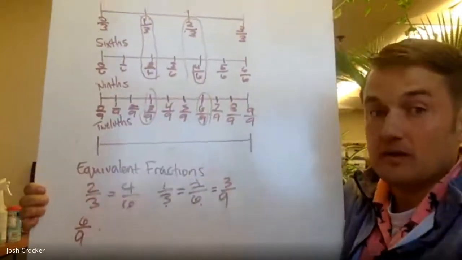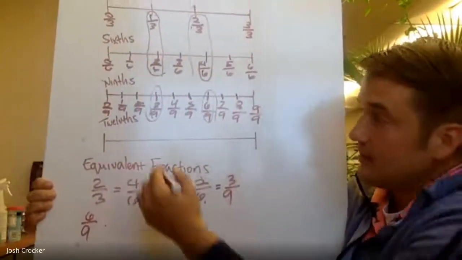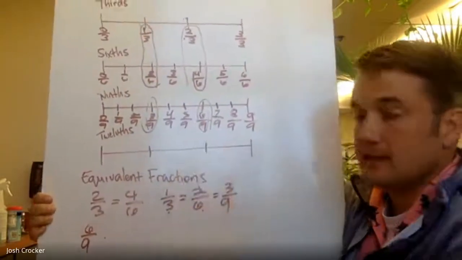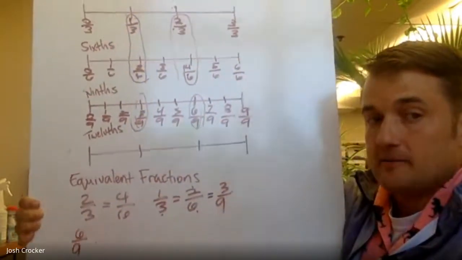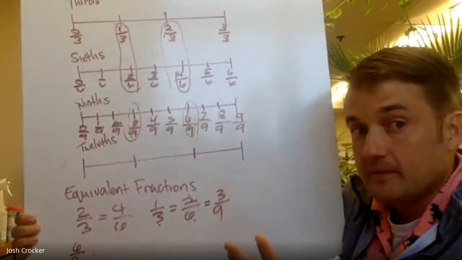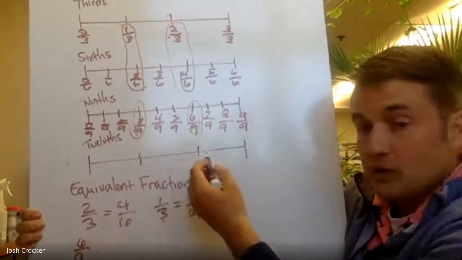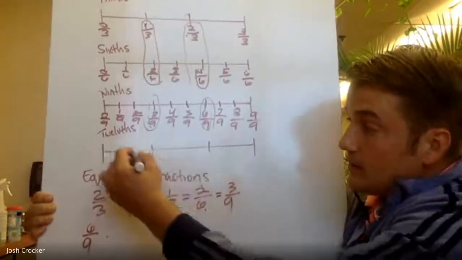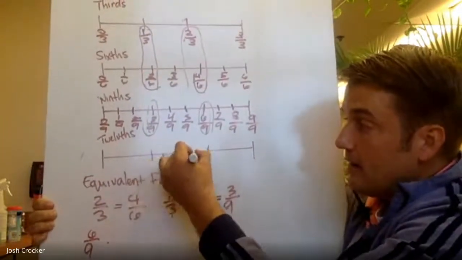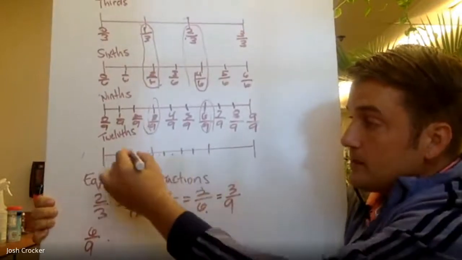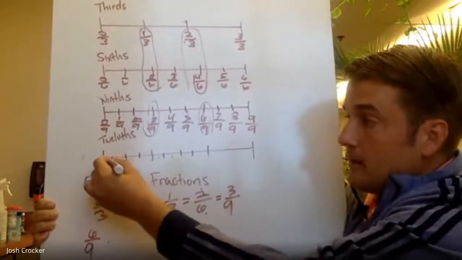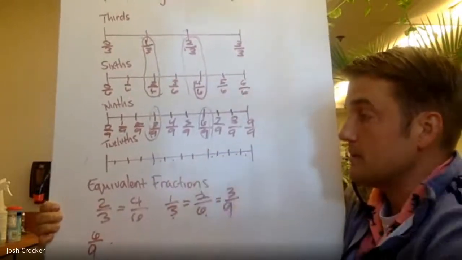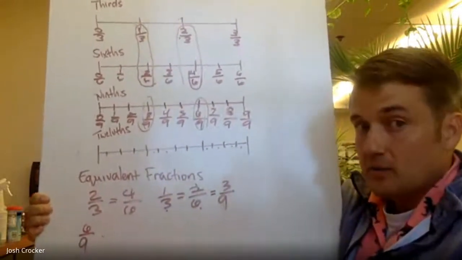Now let's do twelfths. Okay, so I can get there through 3. There's 3. Okay, 3 times 4 is 12, right? So if I put 4 little pieces in each one of these, I'm going to end up with 12. So look, I can do half. That's 1, 2, 3, 4 little pieces. Bang, bang, bang. That's 4 little pieces. Bang, bang, bang. That's 4 little pieces. I should have twelfths.